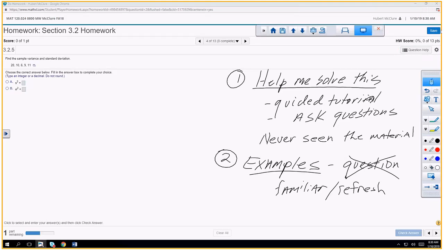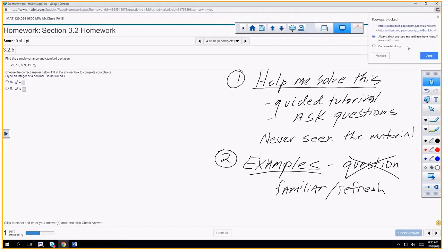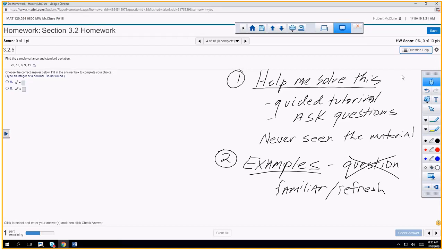Oh, there's our little friend. Here we go. Okay, is it not going to work, period, or always allow pop-ups? Hit refresh. I can't hit refresh. Okay, I guess the video is not going to come up now.